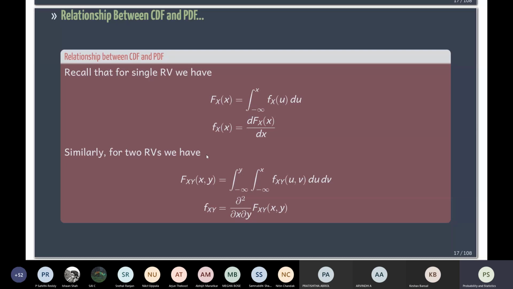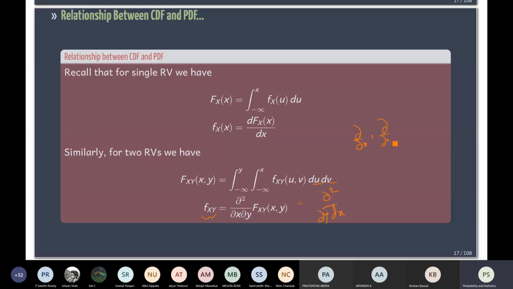Similarly, for the two random variable case, it's just the extension of this. Now we have to integrate from -infinity to y and -infinity to x of f_XY(u,v). I choose u and v because x and y are taken up in the limits. And the joint PDF can be obtained by taking the partial derivative with respect to y, followed by the partial derivative with respect to x. In general, this will be the same as taking it in the other order, as long as the partial derivatives are continuous.